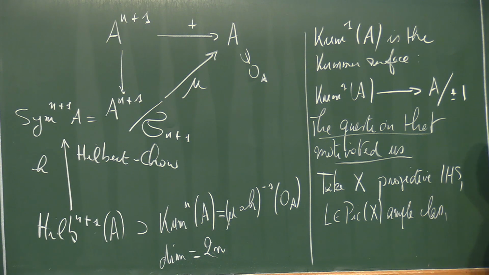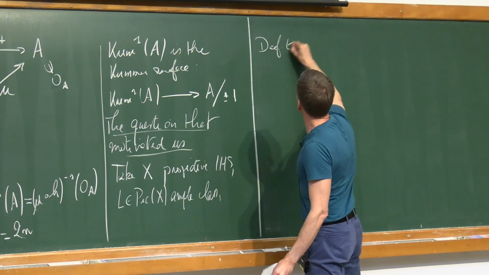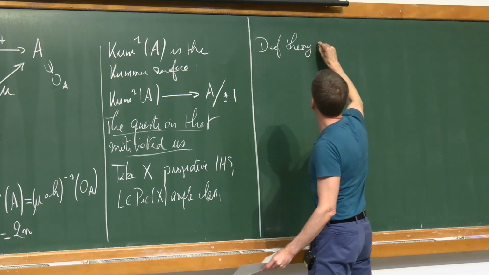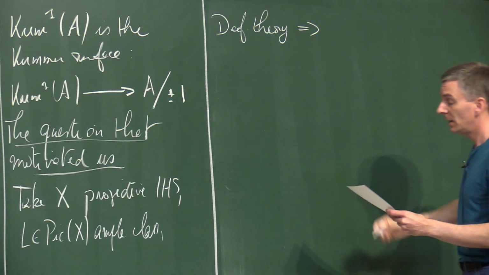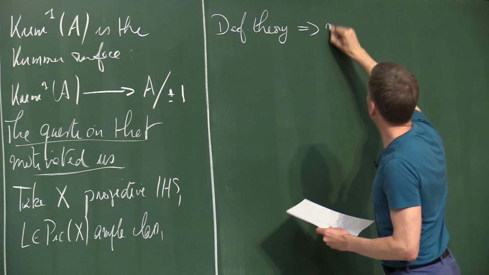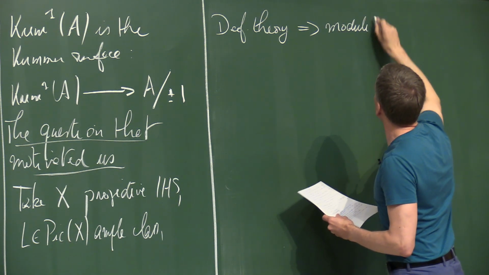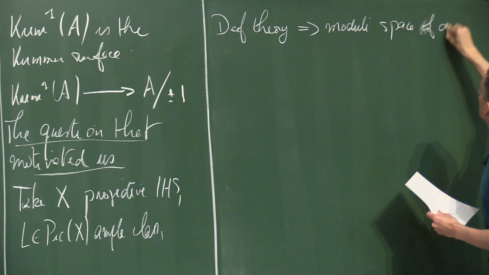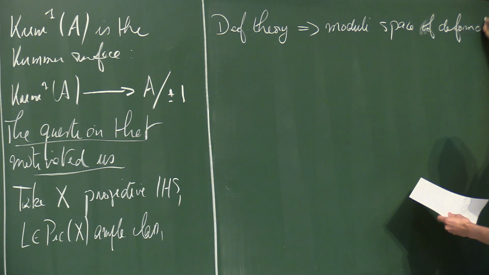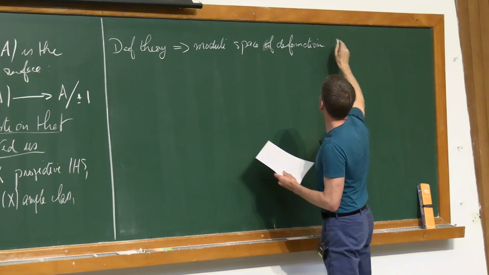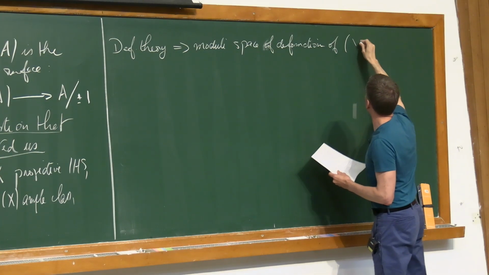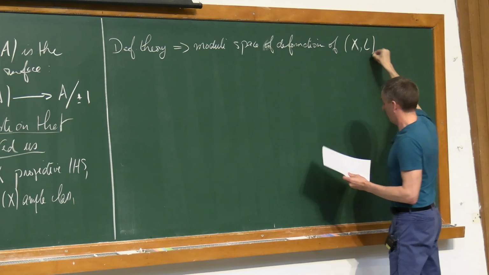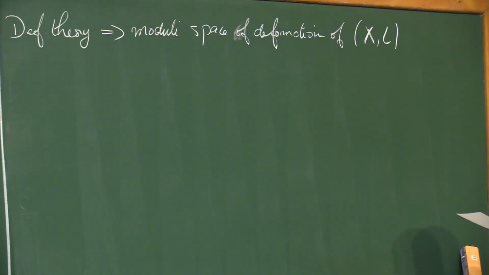So deformation theory tells us that one can construct a moduli space of deformations of this pair, X with its polarization. So deformation of the complex structure of this pair.